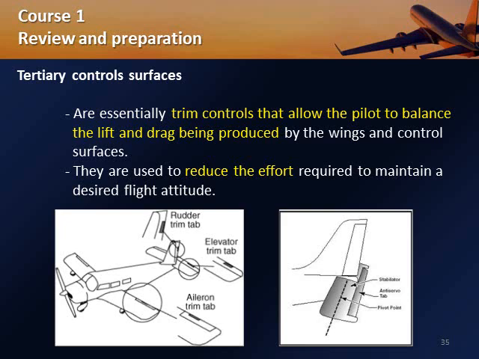In order to reduce that effort, we can trim the elevator so that the aircraft is balanced again. So essentially, as you fly, you will always have to correct the pitch trim a little in order for the aircraft to fly level as the fuel decreases.